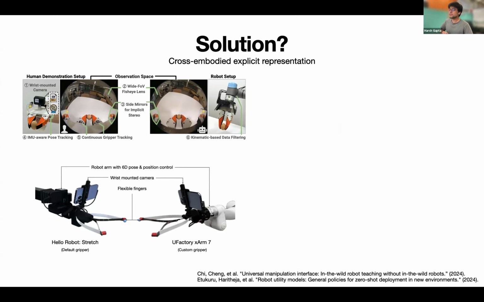So the observation space for your data collection and your robot setup are completely the same. Imagine you were collecting on one type of robot and you want to transfer it to another type of robot. Well, at least in your observation space and your action space, things are completely aligned.